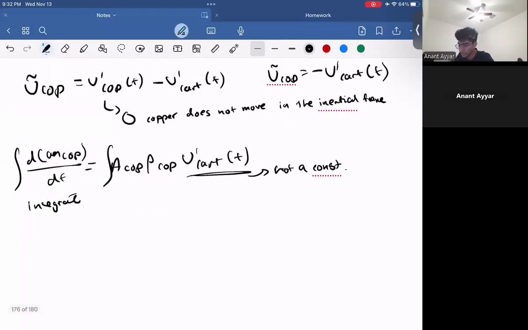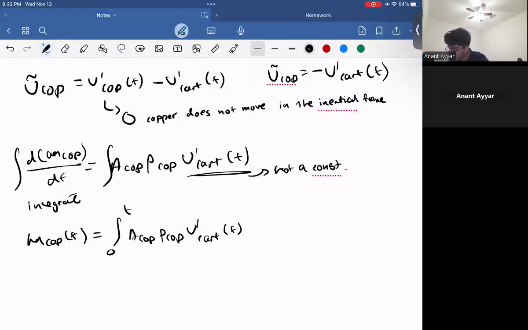And this will leave us with m cop as a function of time is equal to, so we're integrating from 0 to t of a cop, rho cop, v prime of the cart as a function of t, or in this case, we're going to use a dummy variable t prime because we use t as one of the integral bounds, and then dt double prime, and then plus c because there's a constant, and this is technically a definite integral.